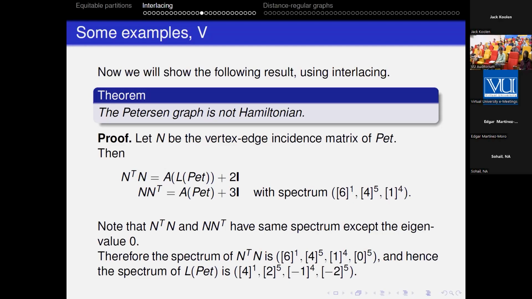So we get that N transpose N has 6, 4 with multiplicity 5, 1 with multiplicity 4, and 0 with multiplicity 5. That means that the spectrum of the line graph of the Petersen graph is 4, 1 with multiplicity 5, -1 with multiplicity 4, and -2 with multiplicity 5. So far, so good, I hope. This was not so difficult, yes?